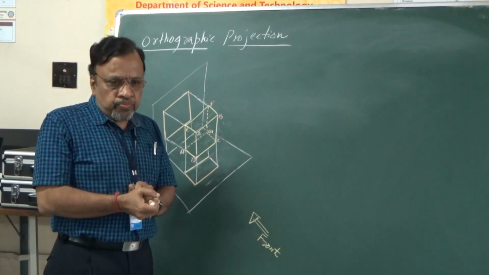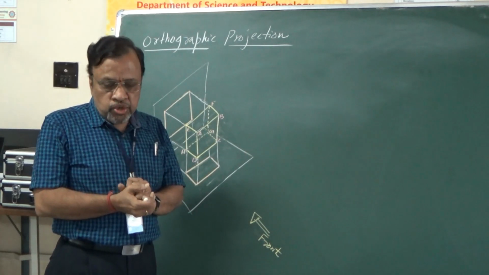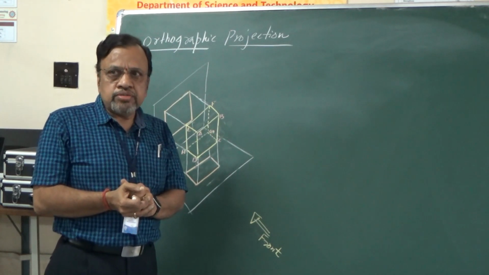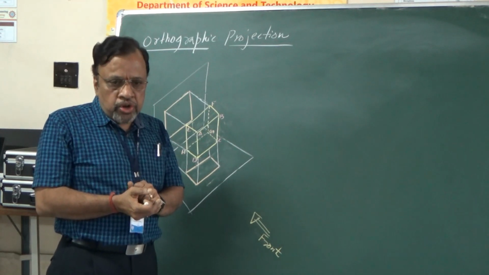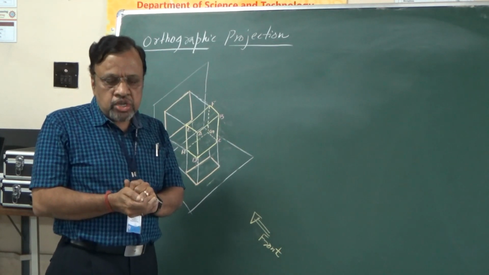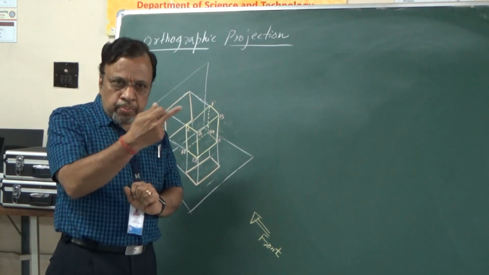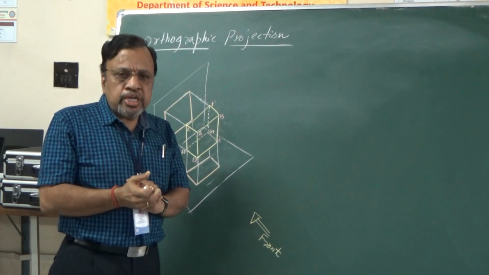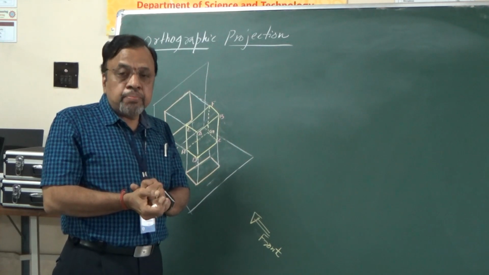As I was telling you, generally in projections, universally, we follow what is known as orthographic projection. In orthographic projection, the lines originating from the object to the planes are all parallel to one another, and those lines will be perpendicular to the set planes.